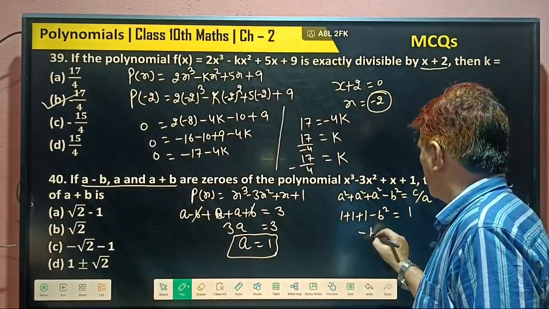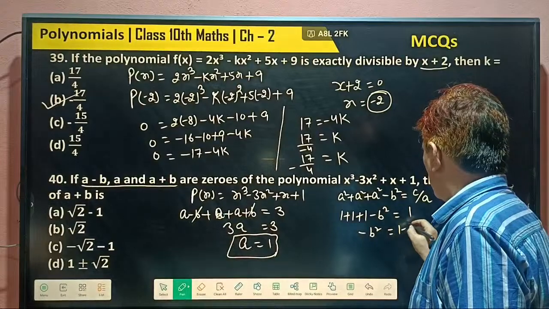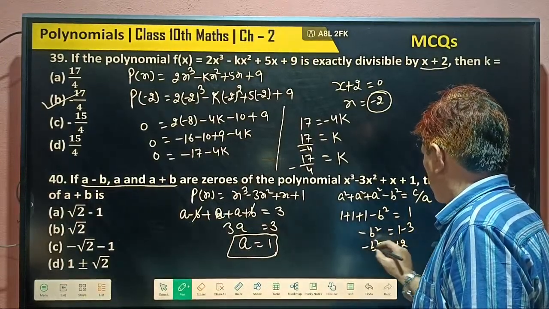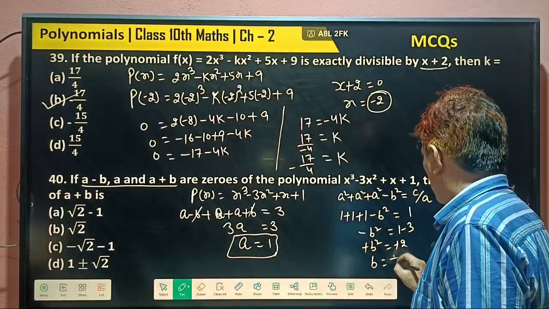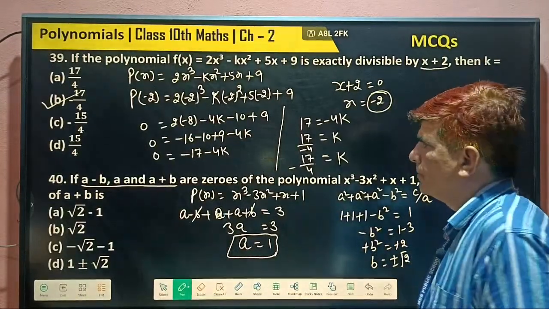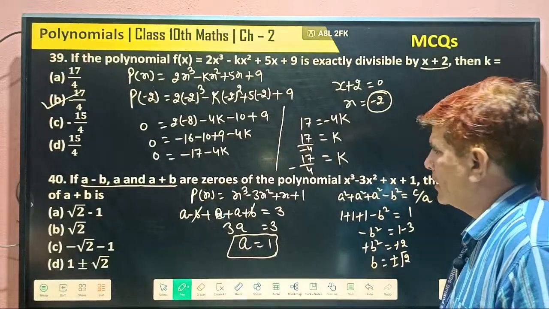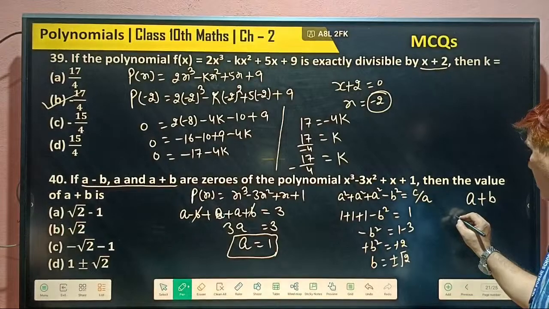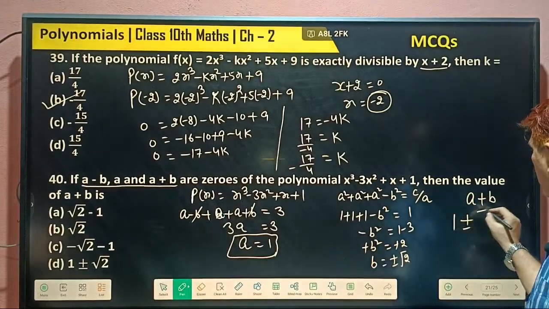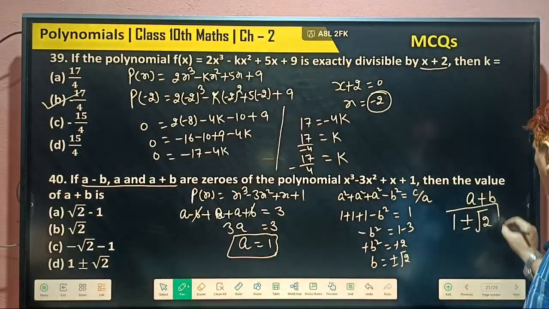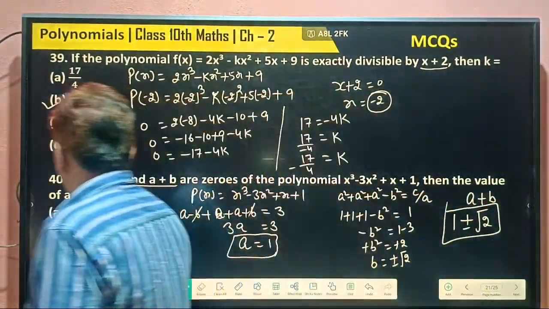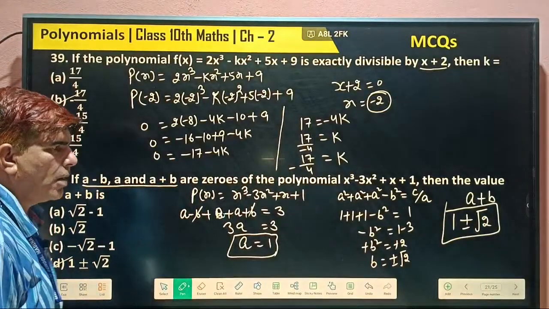So 3 minus b square is equal to 1, so minus b square is equal to minus 2, cancel out, so b equal to plus minus root 2. So your answer is a equal to 1 and b equal to plus minus root 2. Directly I told you, so you can apply this formula.